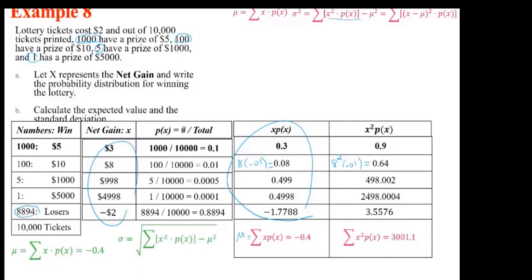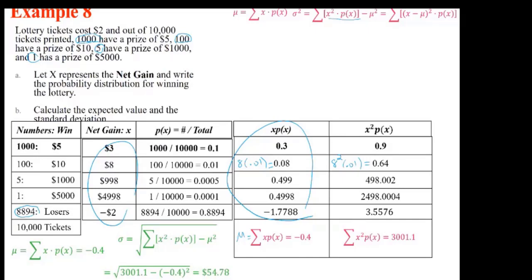I'm not calculating the variance, although you can, because you have to calculate the variance and then take a root. Either way is fine. So x squared p of x, we know the summation is 3001.1 minus mu, which is negative 0.4 squared. And when we go through the process, we end up with 54.78.